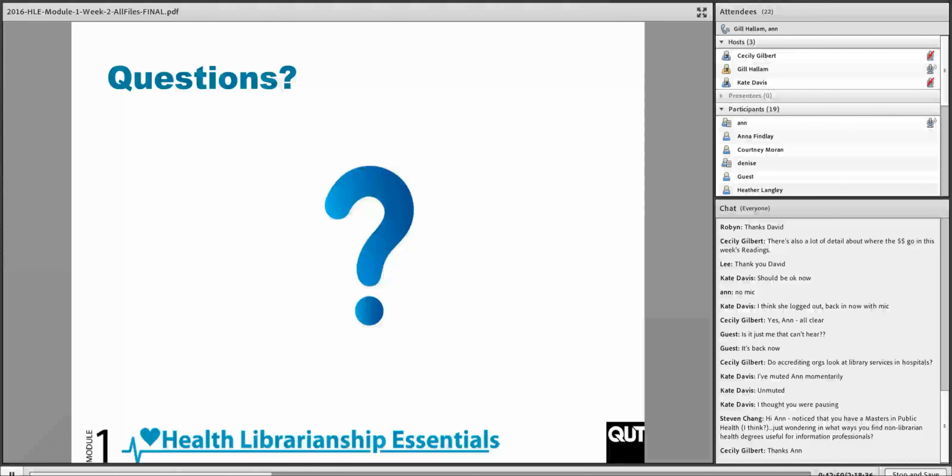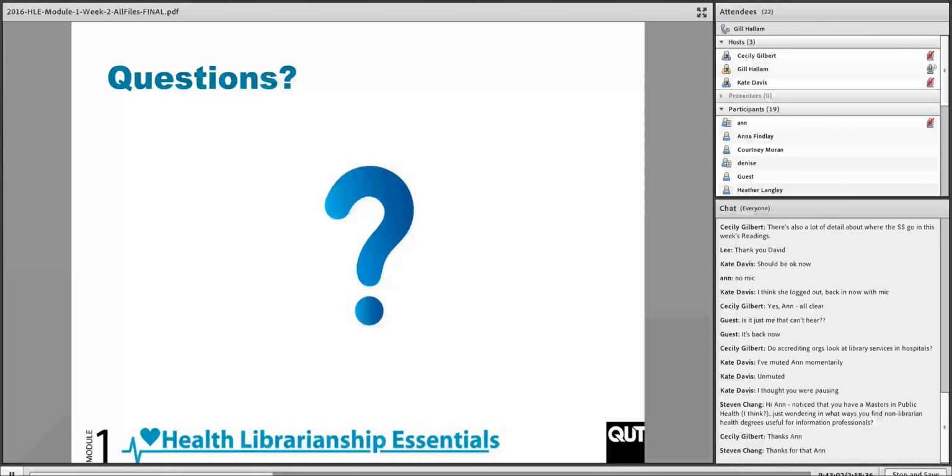That actually does cover Nikki, who was on the panel last week. She's also got a background in librarianship with health as well. And I understand that she's considering moving into a PhD study on the health side of things, not actually on the information side of things. So it's interesting the directions that careers can take from those areas. And there's always been a lot of debate around specialisations.